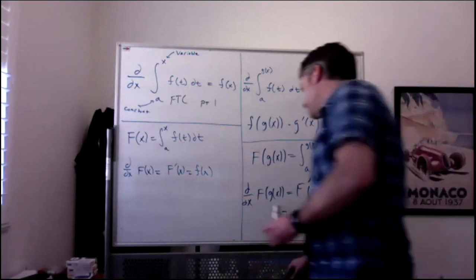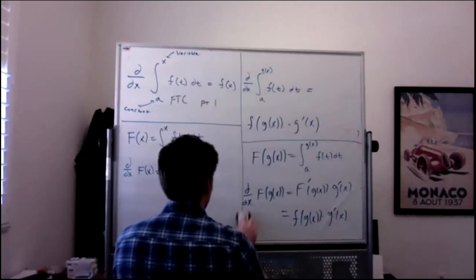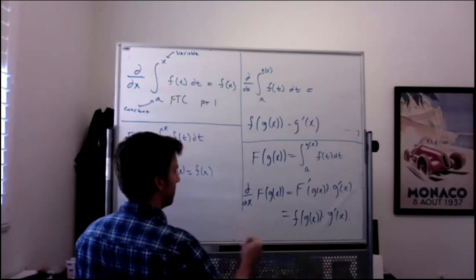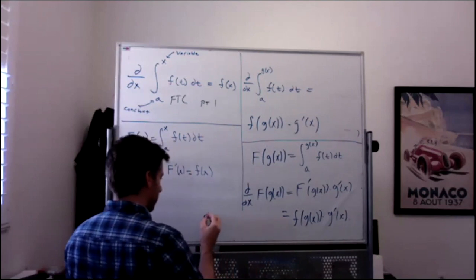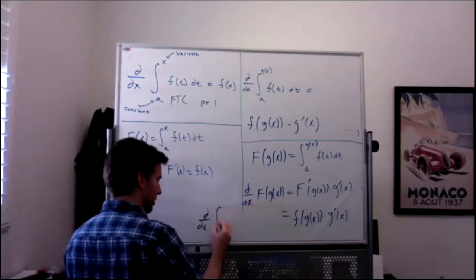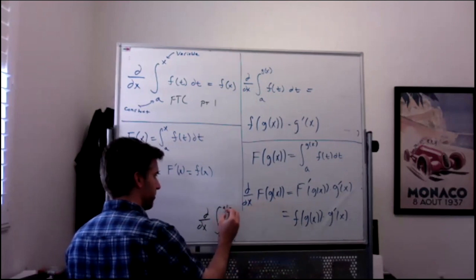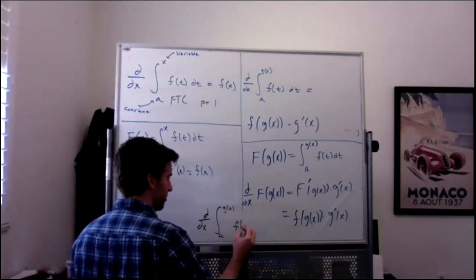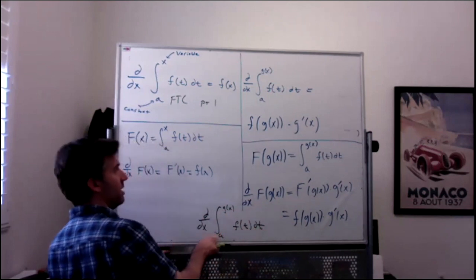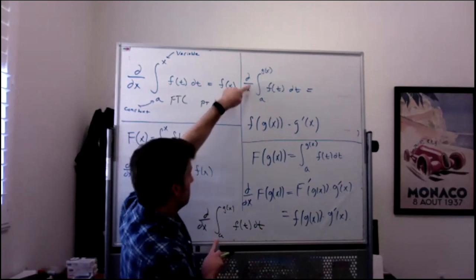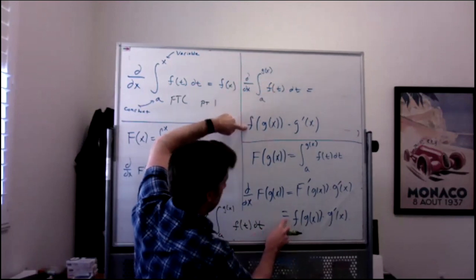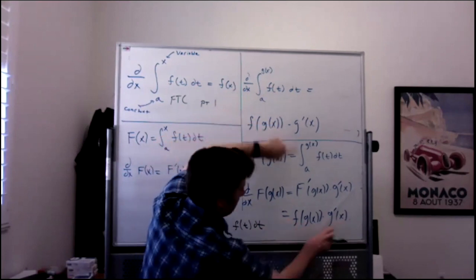And so here we see that the derivative of capital F of g of x is this. So the derivative of the integral from a to g of x of f of t dt is equal to little f of g of x times g prime of x.